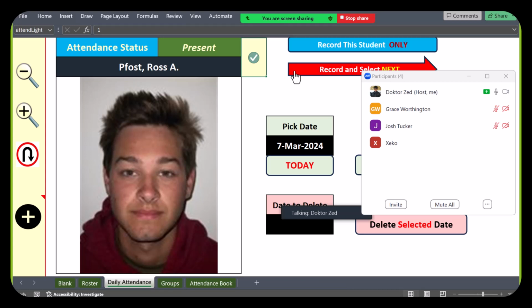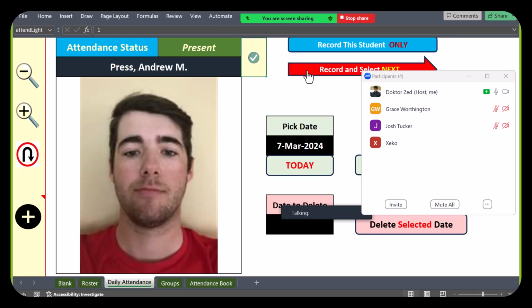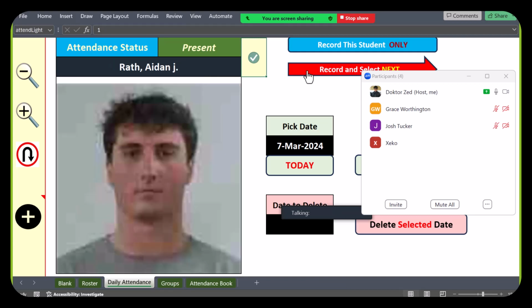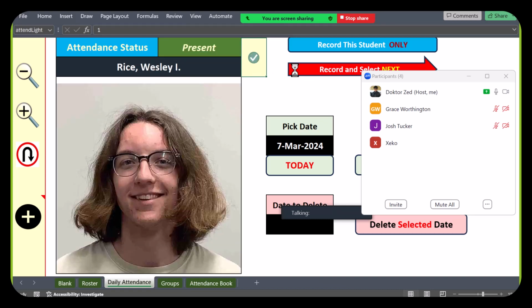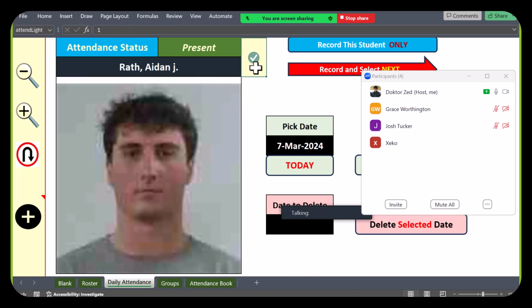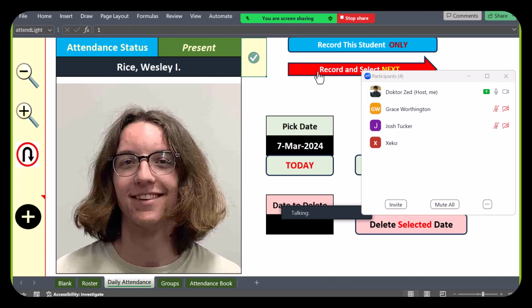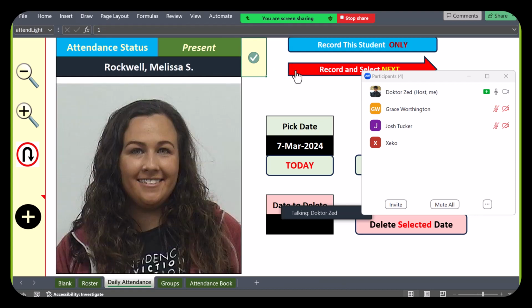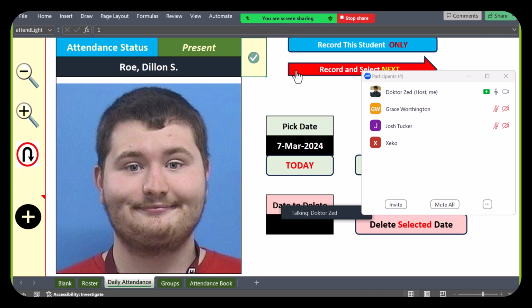Pace is here. Foss, Andrew, Aiden Rath. Okay. Leslie's here. Melissa here.